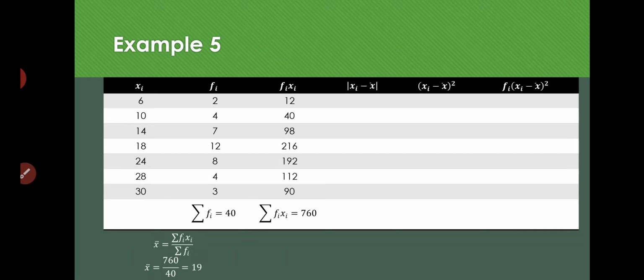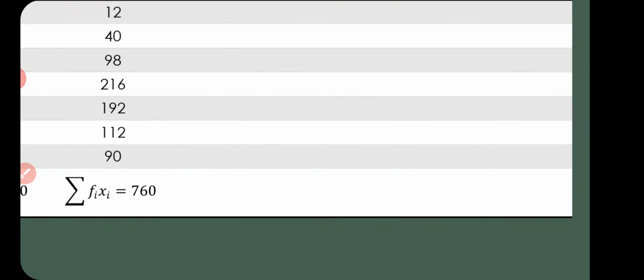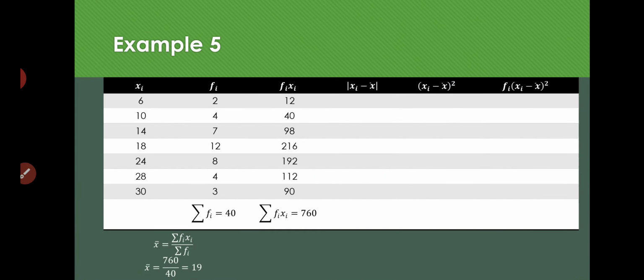Once we know that it is 19, our job will be to calculate this mod of xi minus x bar. So if you just see, 6 minus 19 is minus 13, modulus taken, it will be 13. 10 minus 19, 9. 14 minus 19, 5. 18 minus 19, 1, and so on.